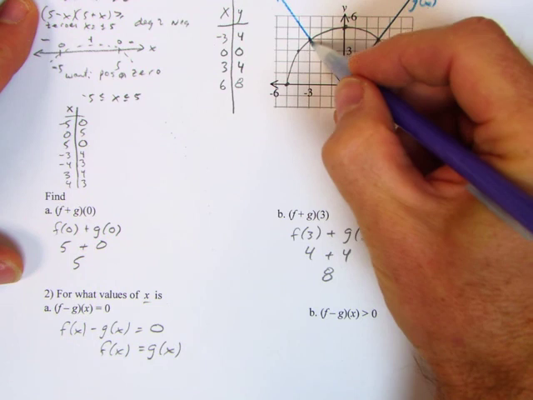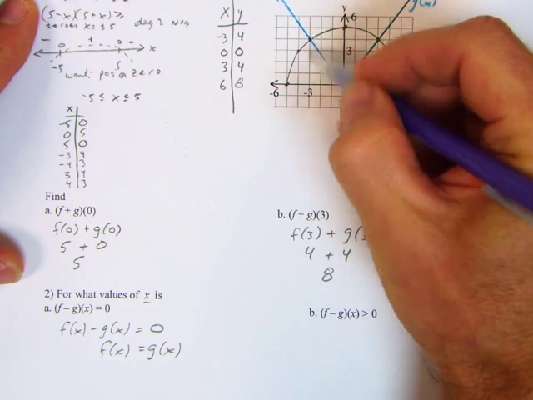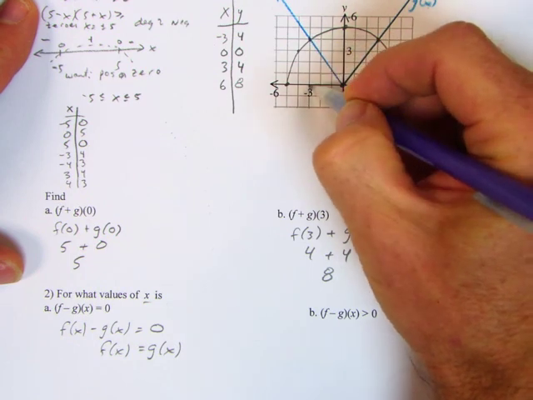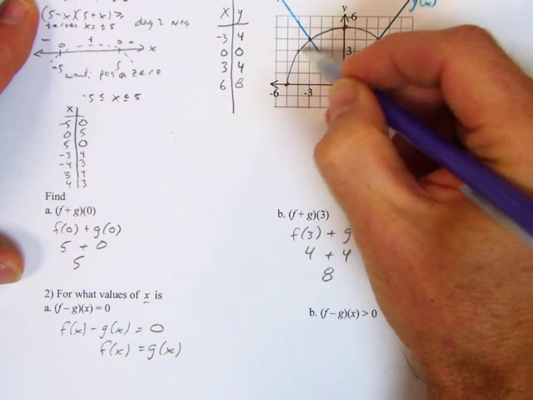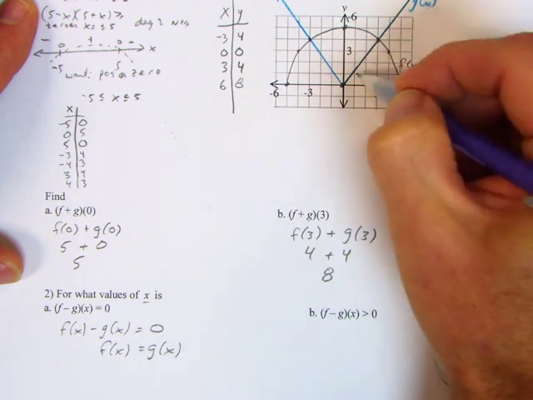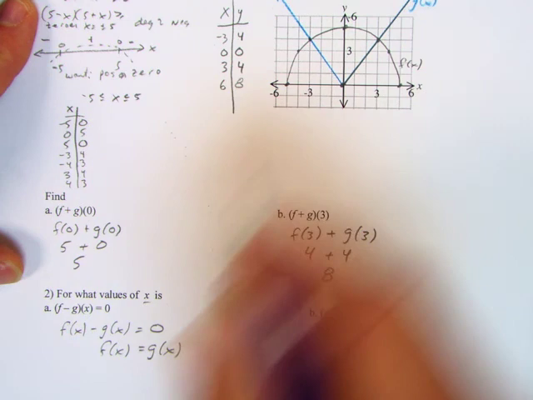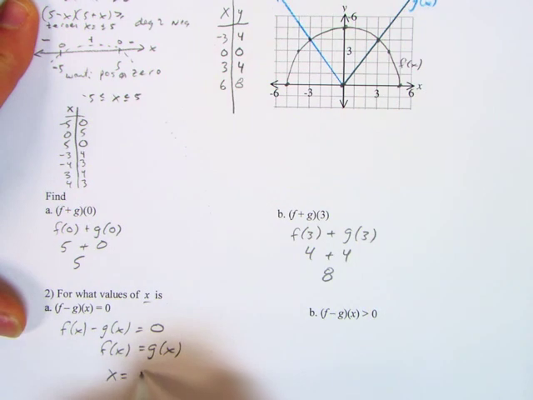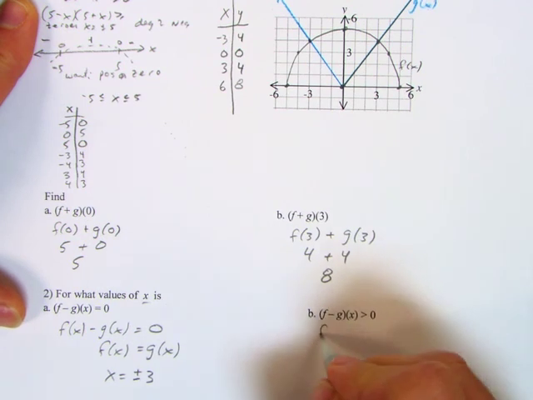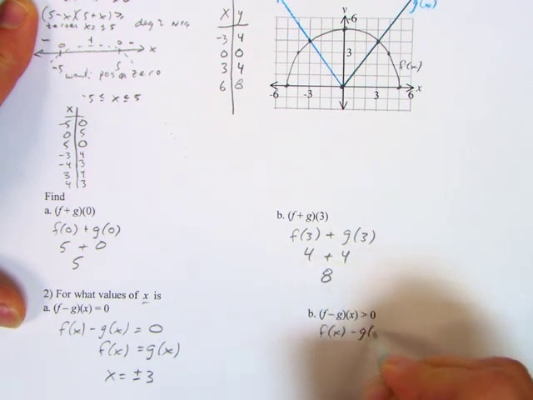So we can look at that and say, all right, here's one intersection point, and that value is -3, where the blue graph and the f graph cross. And then on the other side, there's also one. So our answer would be x equals plus or minus 3.